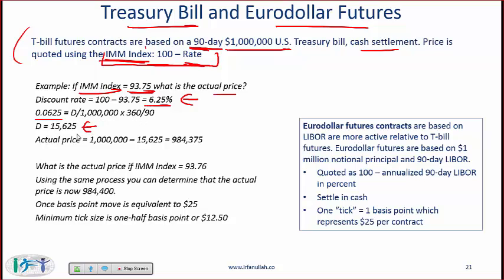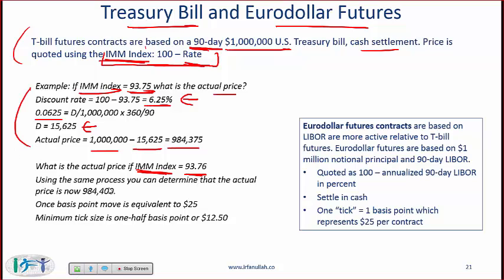You can calculate D as this number, and then the actual price is 1 million minus 15,625, which is 984,375.